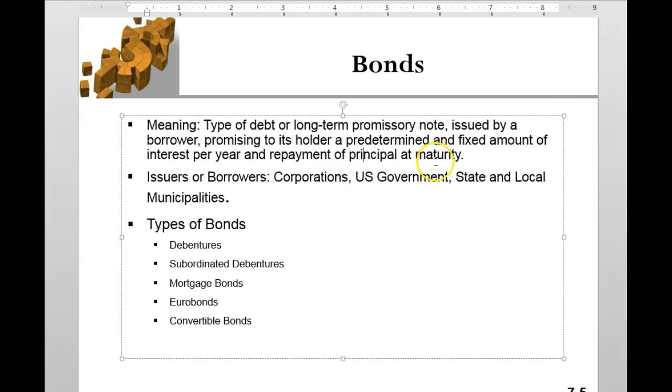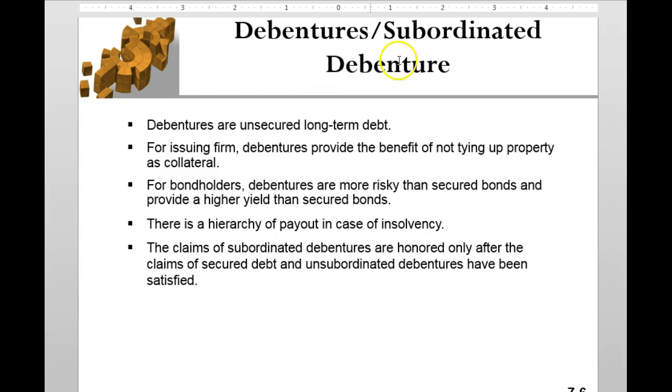And who issues bonds? We can have corporations, governments, state and local municipals. And then you have several types: debentures, subordinated debentures, mortgage bonds, Eurobonds, and convertible bonds. A debenture simply doesn't have any collateral behind it.